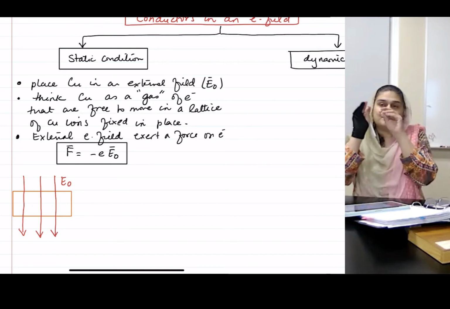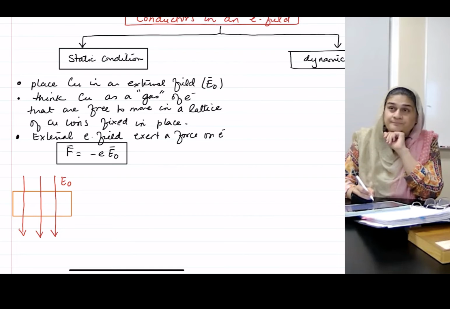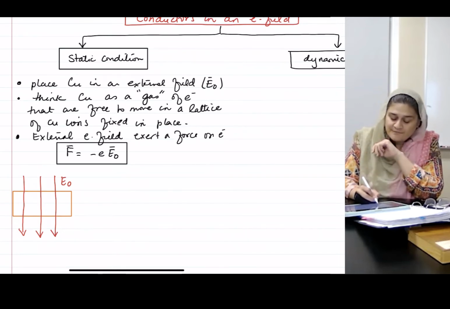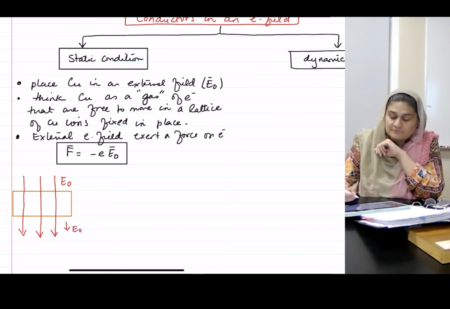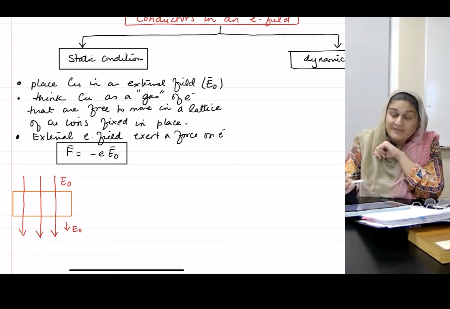Remember, those little electrons are free to move? If this is the direction of the E0, which side is positive? This side? And which side is negative? That side? So what will the electrons do inside this copper slab?